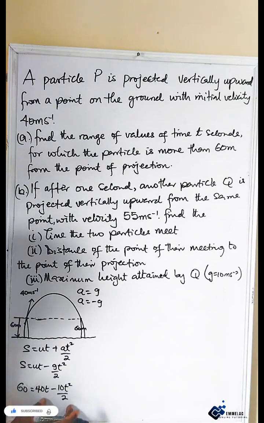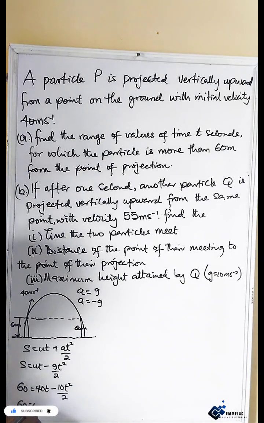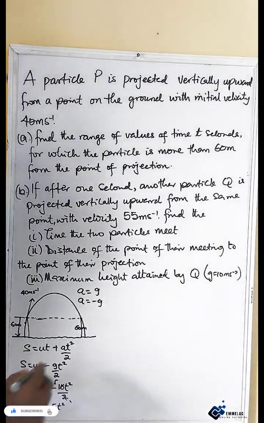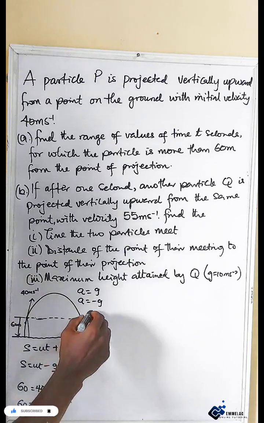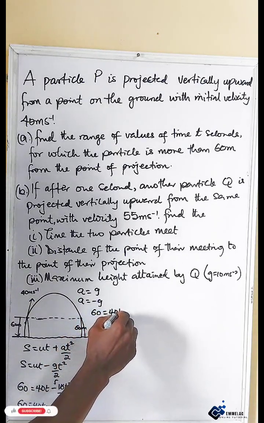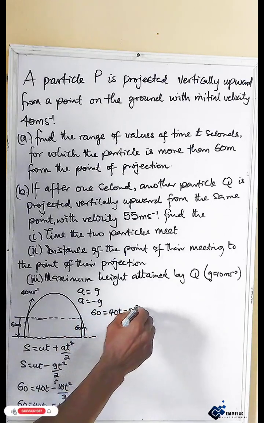So this equation becomes 40t minus 5t squared, because 10 divided by 2 is 5. So we can now say that 60 equals 40t minus 5t squared.